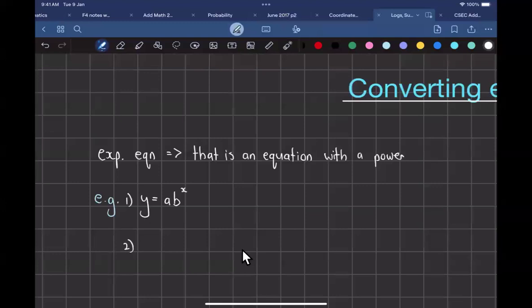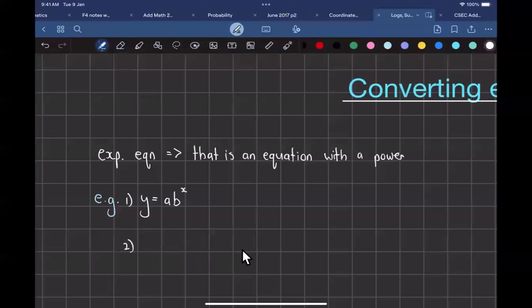Now you had to tell me it in terms of variables. 3x equals 81. Does it have any powers in this? No, so that's a straight line equation.